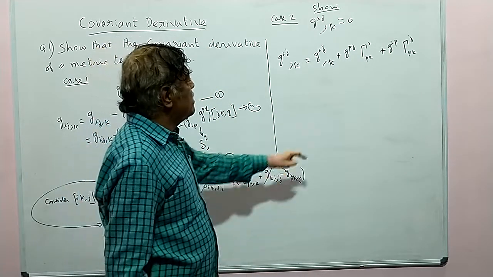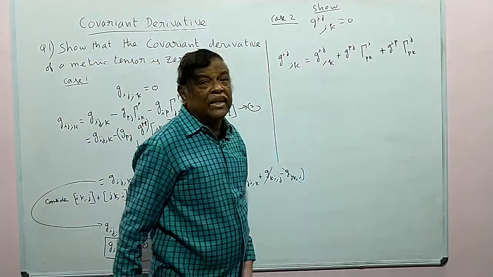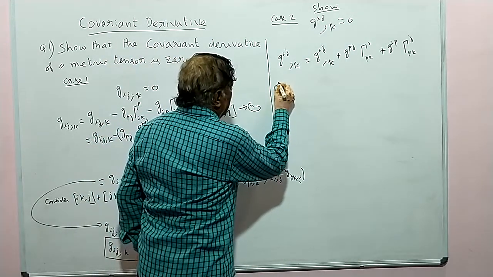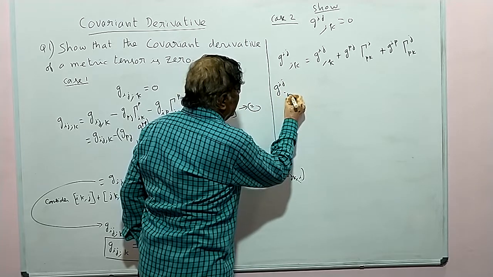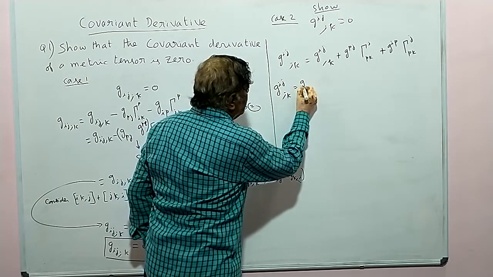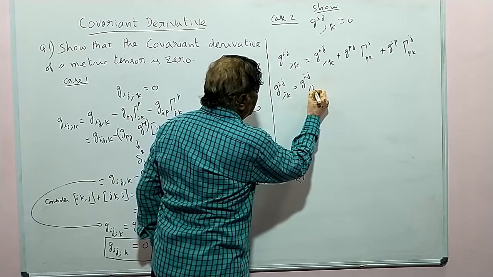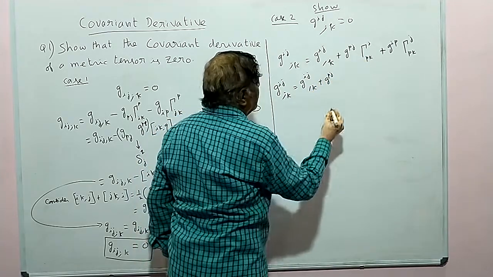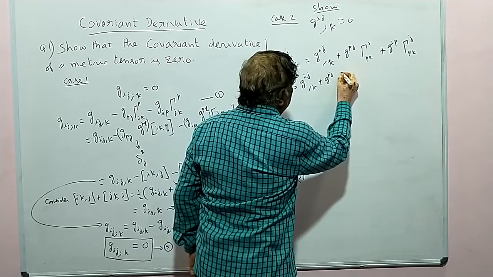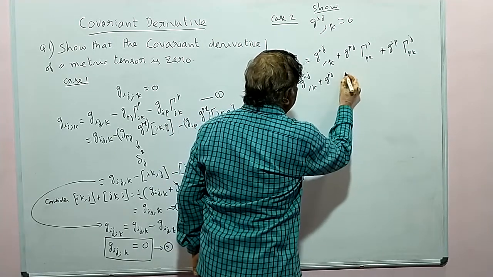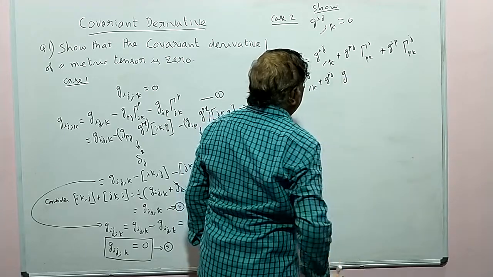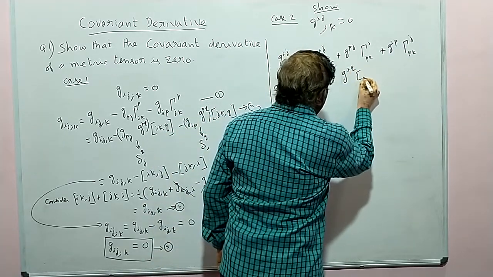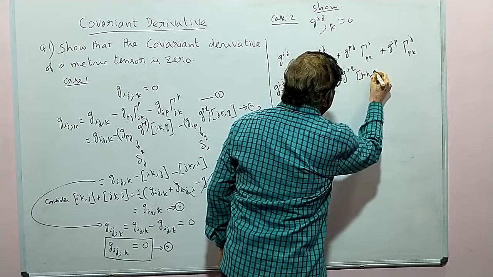Now let us express these Christoffel symbols of the second kind in terms of the first kind. So this is g^{ij}_{;k} equal to, the first term, g^{ij},k. This is g^{pj}, and here gamma becomes g^{iq}[pk,q].